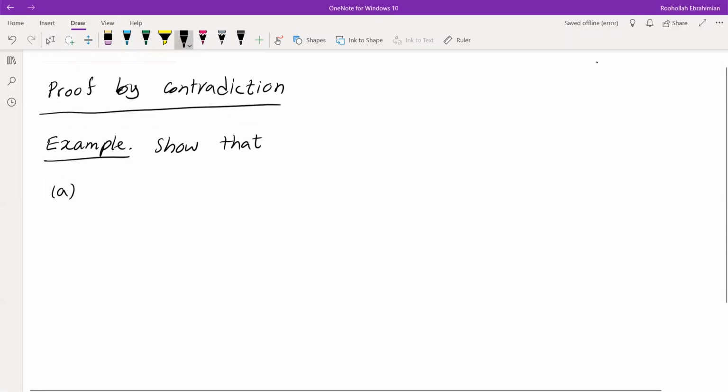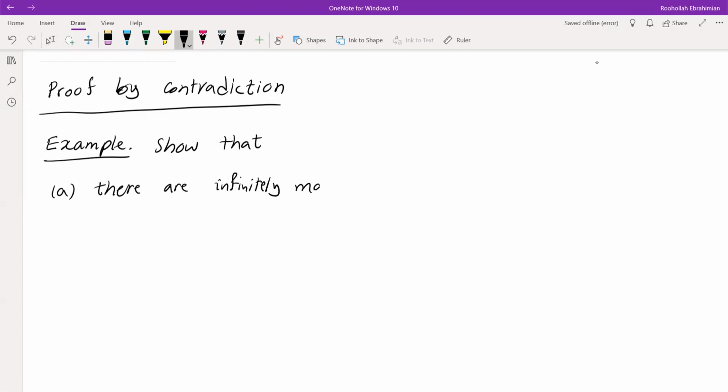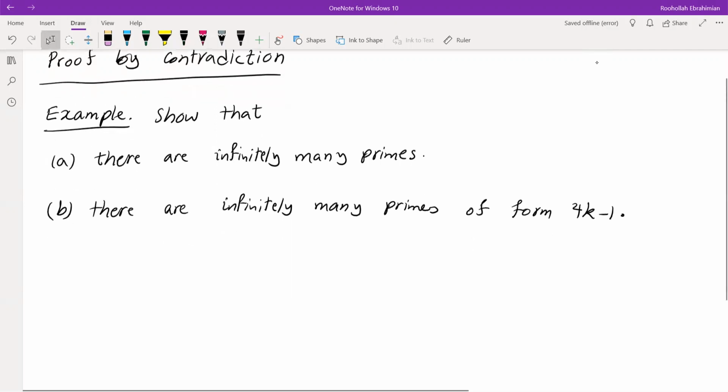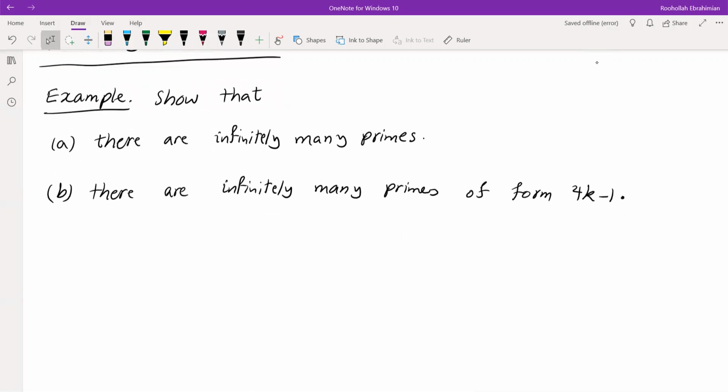The first part is there are infinitely many primes, and the second part is there are infinitely many primes of form 4k minus 1. So I want to show you how we can prove these two.